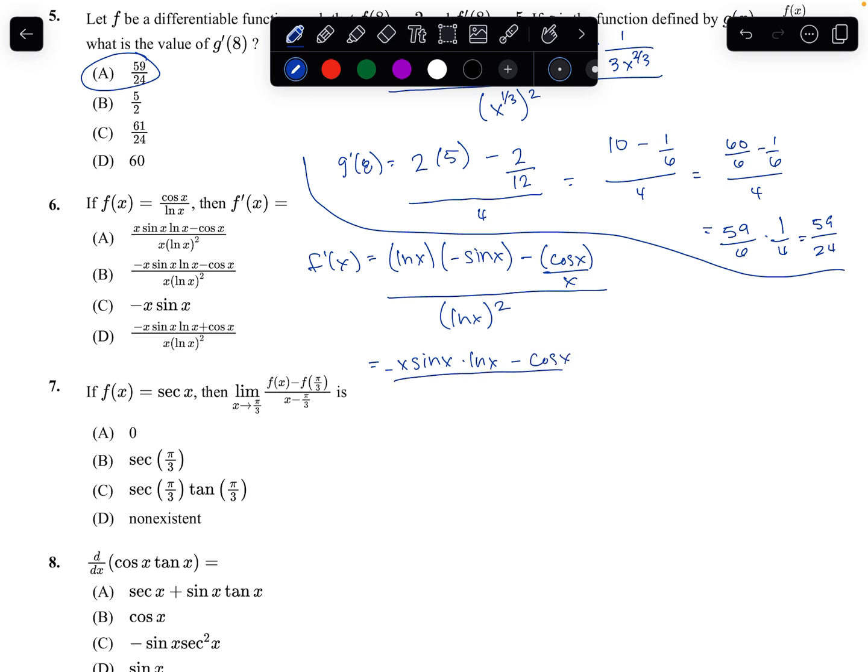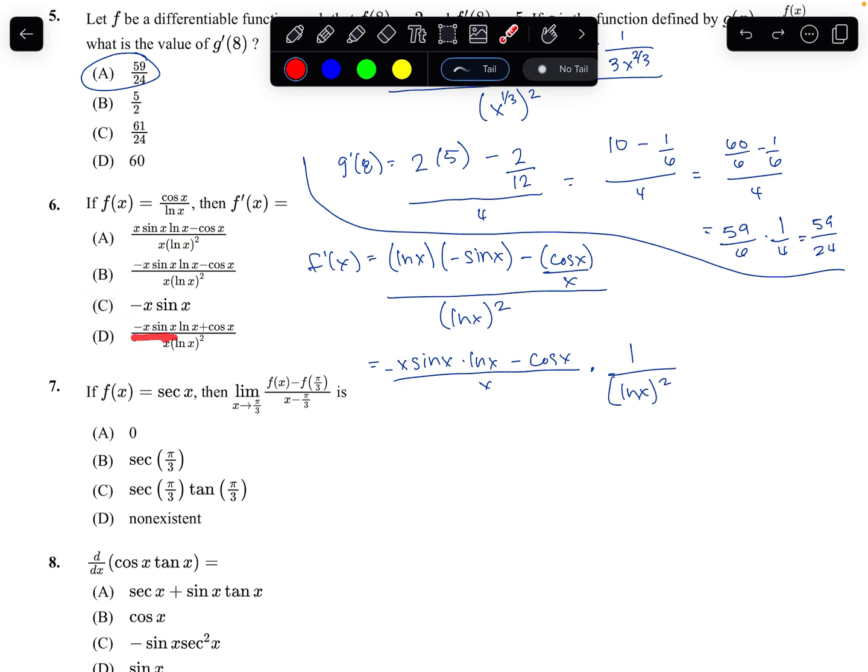This is all being divided by x now, and I'm going to do a keep change flip. So remember, I put this in one fraction, so I'm going to keep that like this. I'm going to change that to multiplication, and then flip the second, so that's going to be natural log of x squared. And then, so the numerator should look like that, and the denominator should have x natural log of x squared, so it's not c.